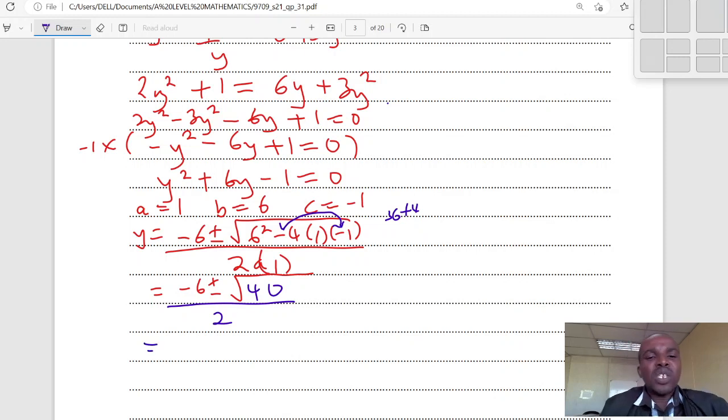Then if I make use of my calculator, one of the solutions is minus 6 minus root of 40 over 2, and the other solution is minus 6 plus root of 40 over 2.